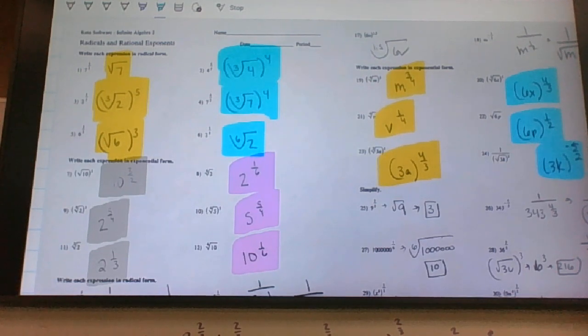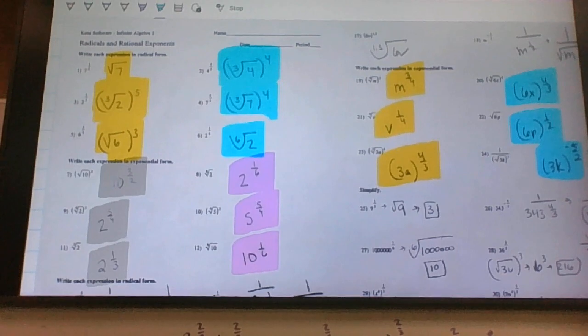The first 12 should be right. If you got the first 12 right, you're fine. I mean, it does get pretty tricky. This is so easy. It's some over here that is hard.